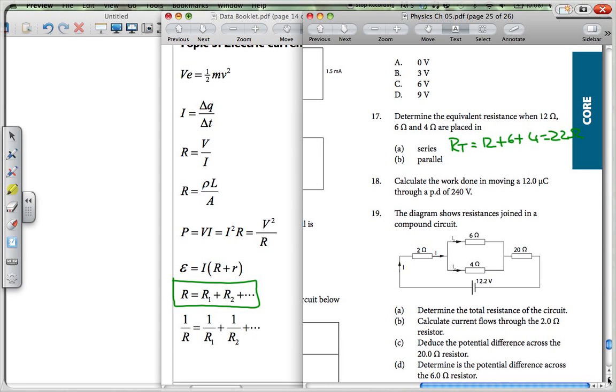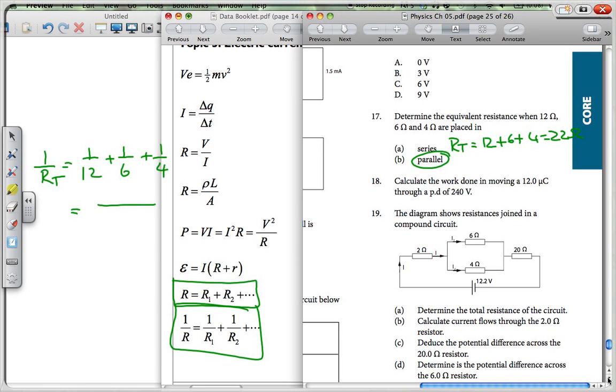No problem with that. In parallel, it's a little bit more complicated, in that we're going to use this formula over here, that we're going to get 1 over RT is equal to 1 over 12 plus 1 over 6 plus 1 over 4, and then we can do this by calculator, or we can just do this using our fractions.